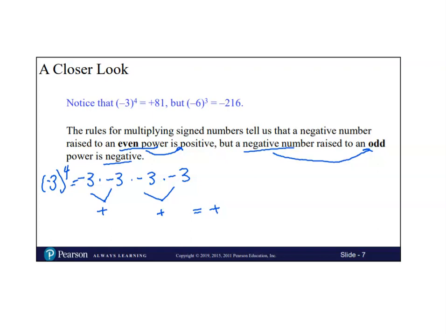When I'm doing negative 6 to the 3rd equals negative 216, a negative 6 times negative 6 times negative 6, these two right here would be a positive, but then we're multiplying that by a negative, and remember when the signs are different, we get a negative answer.